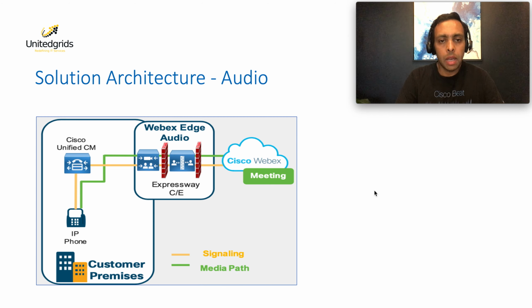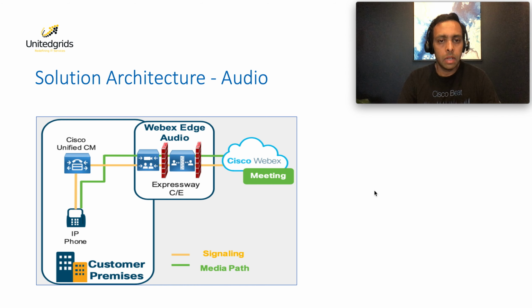So to have capacity, you can plan the expressways in a cluster. You need a C and E pair connected via a traversal zone. In my solution, I had 3 expressway E's per data center, which means that I have 4 clusters, 2 clusters in one data center, 2 clusters in the second data center.